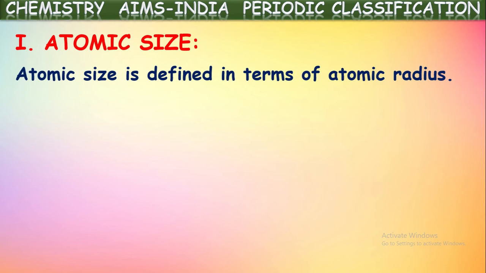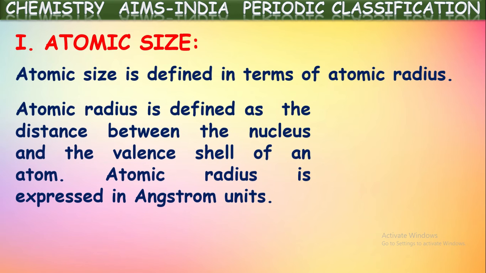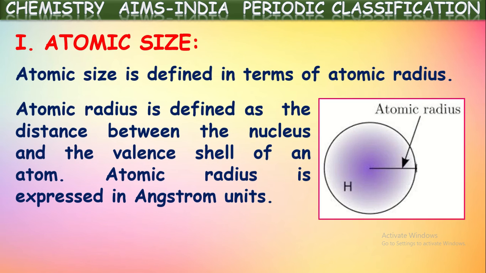Atomic size is defined in terms of atomic radius because atoms are spherical, so the size of atoms can be compared in terms of atomic radius. Atomic radius is defined as the distance between the nucleus and the valence shell of that atom.